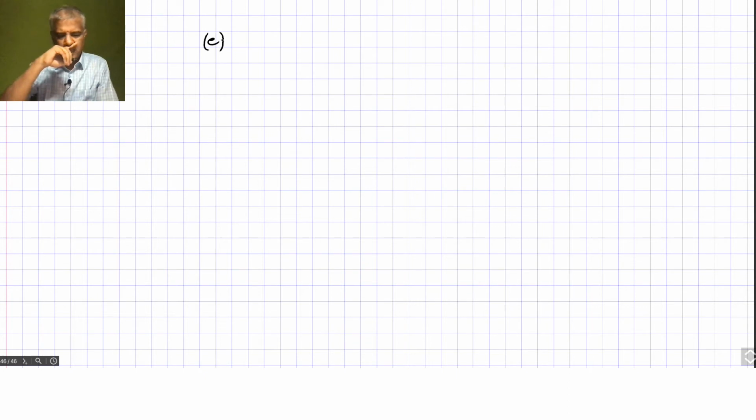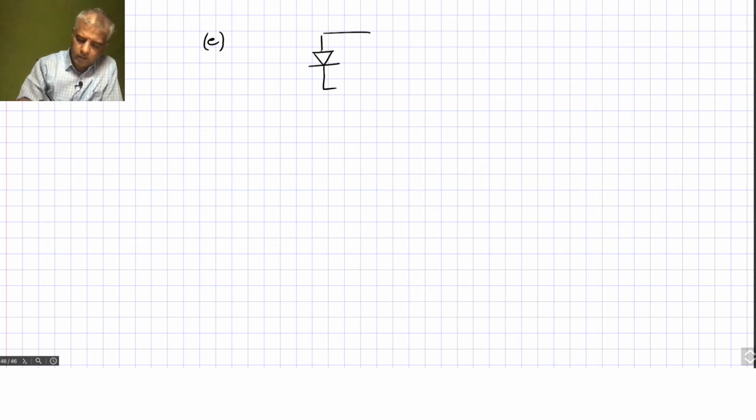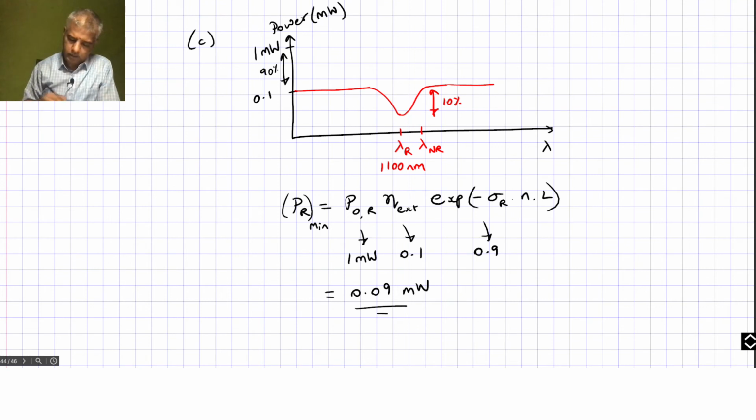To do the noise analysis, we need to get a picture of our receiver circuit. You have a certain power level that is incident, and we already figured out the minimum power that we are getting. The minimum power we determined earlier corresponds to 0.09 milliwatt.